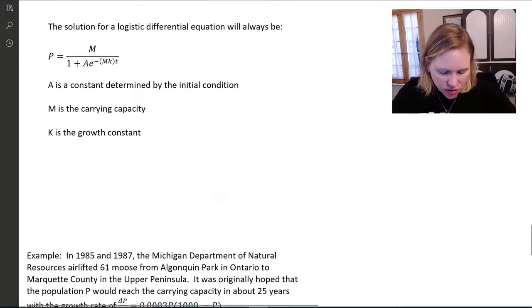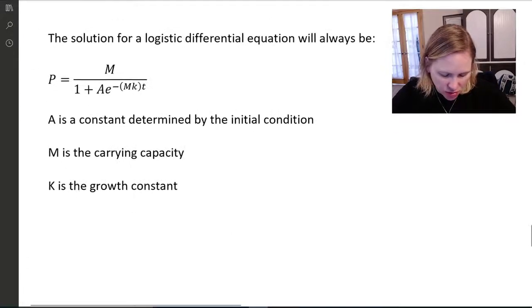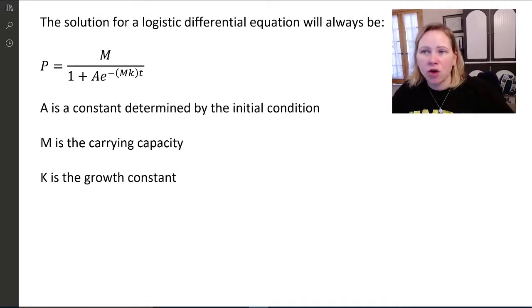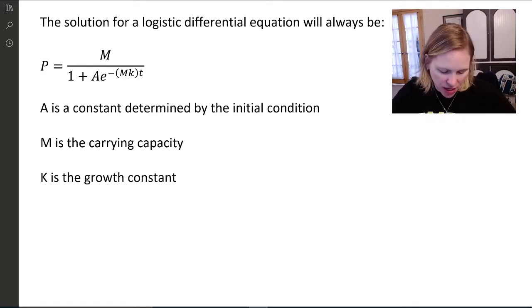However, the solution that I want you to write into your notes is simply this. The solution will always look like this. P equals M, which is your carrying capacity, over 1 plus A times e to the negative MKt, where the M and the K come from dP/dt.